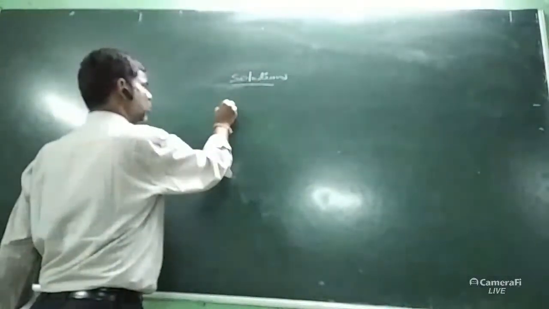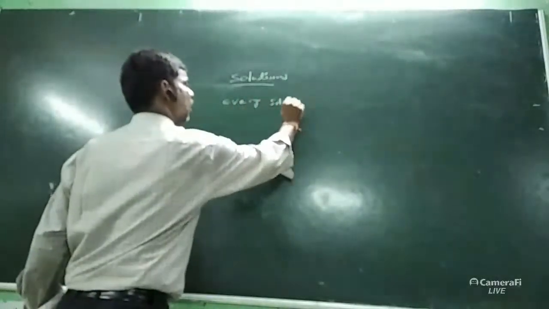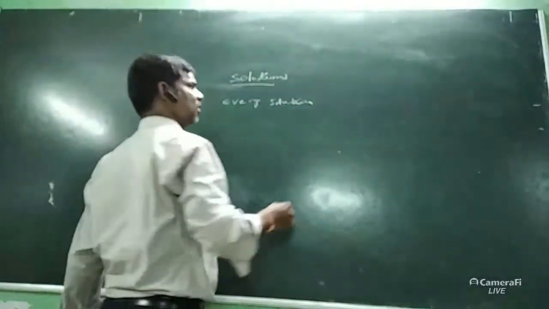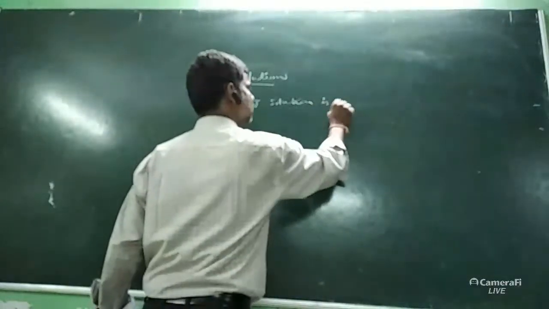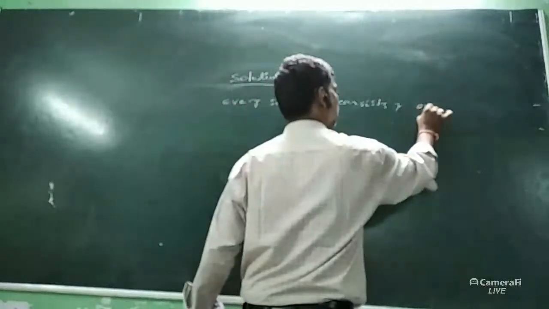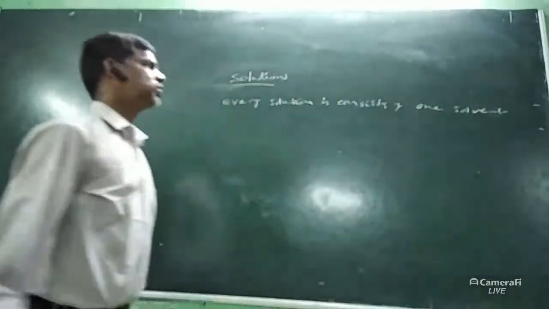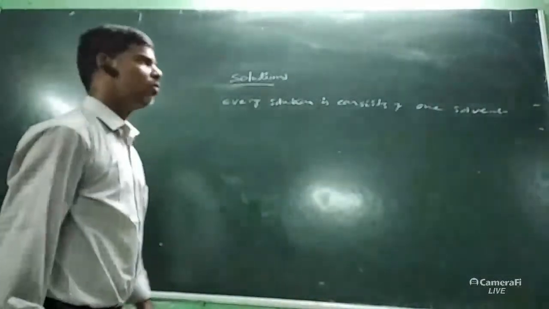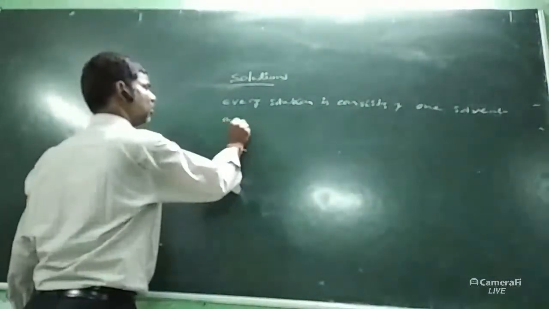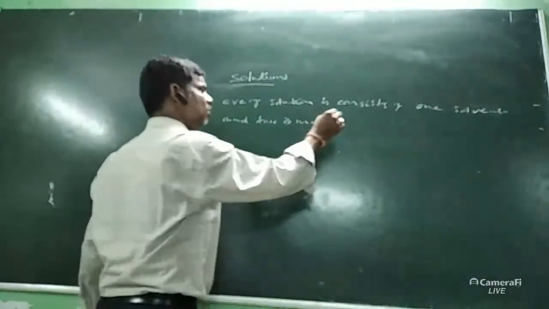So every solution consists of one solvent and two or more solutes. Every solution has only one solvent and two or more solutes.